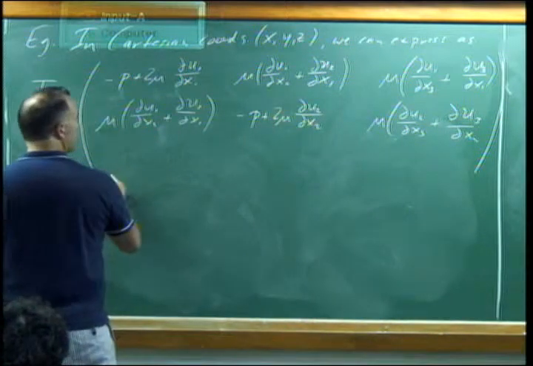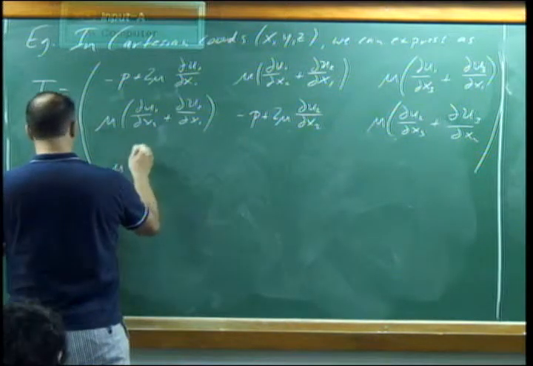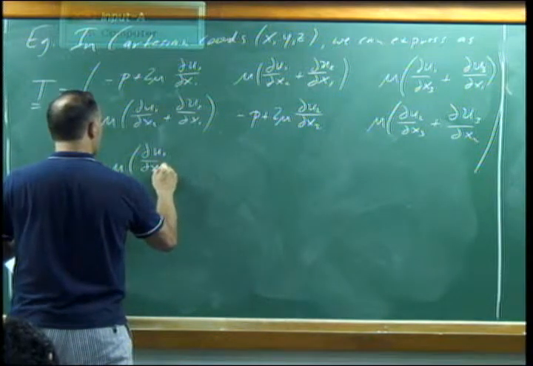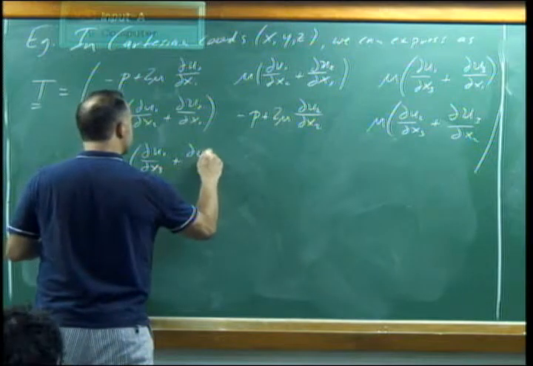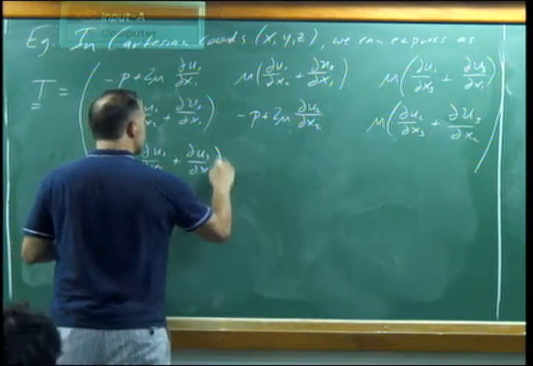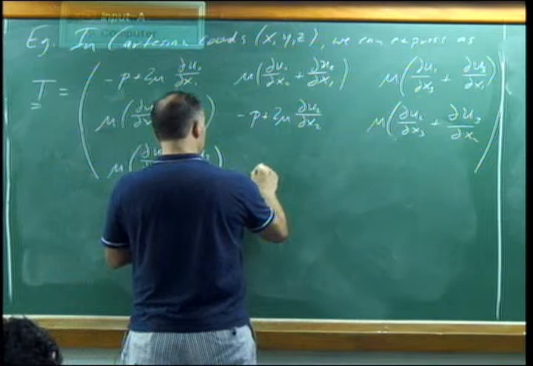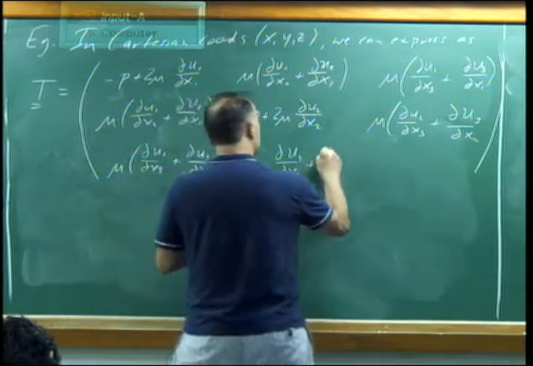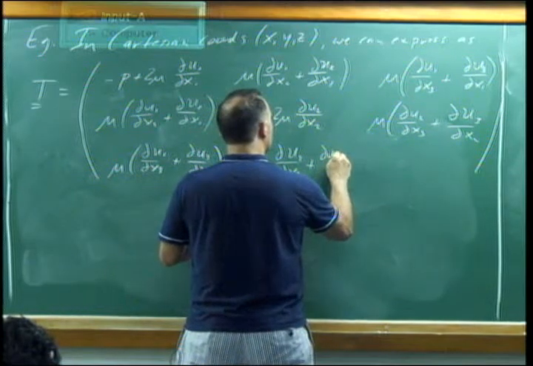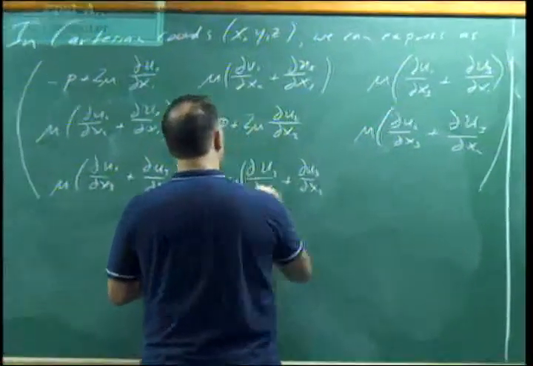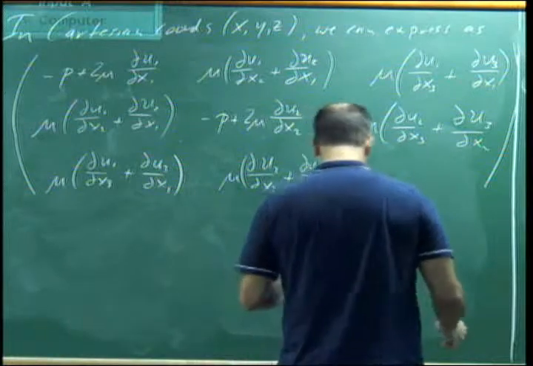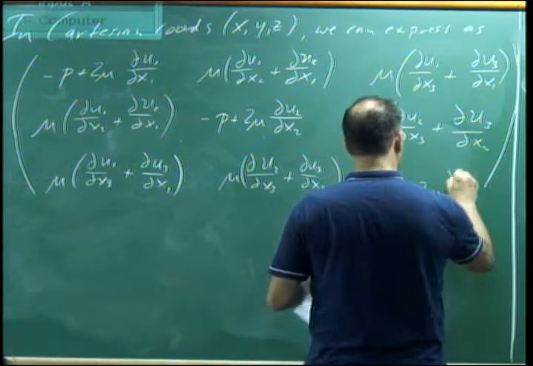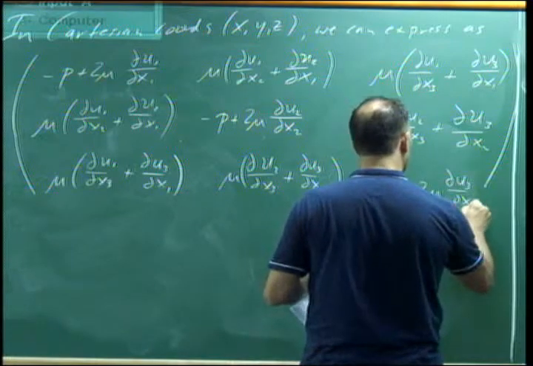And then, again, this thing is symmetric. du1, dx3. Then we have mu du2 dx3 plus mu du3 dx2, and then we have minus p plus 2 mu du3 dx3.